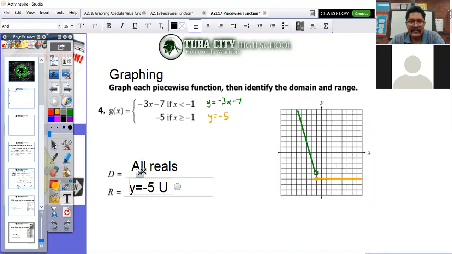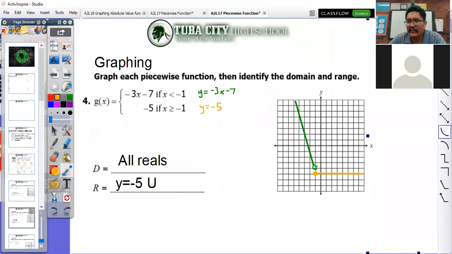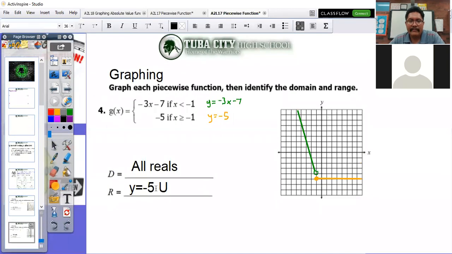Okay, so we have one, but there's also another gap here. So we run into a gap on the range. If you imagine a line like here going sideways, you notice it's not going to touch any of our graphed functions. So that doesn't count. We don't have that area.